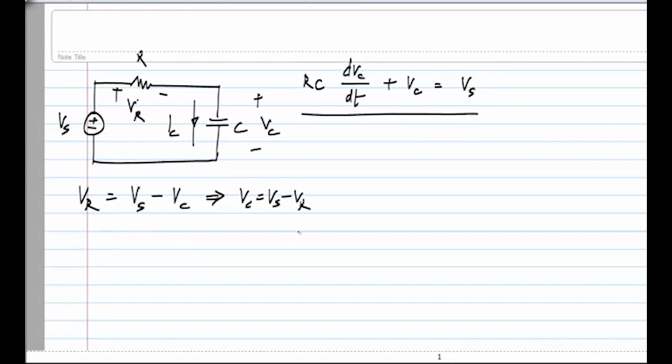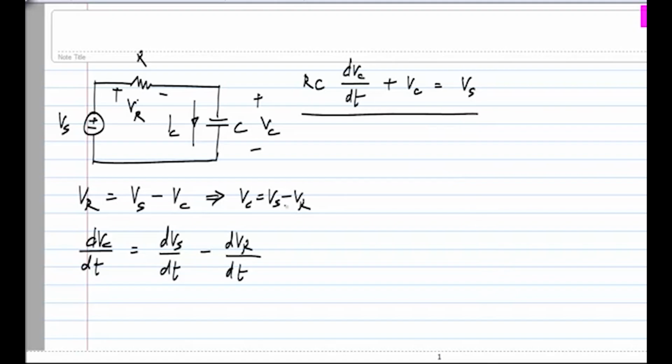So now differentiating both sides, what we will get is that the derivative of Vc equals the derivative of Vs minus the derivative of Vr.